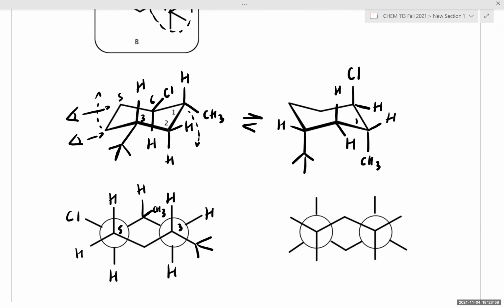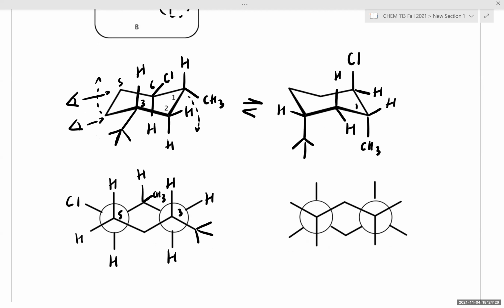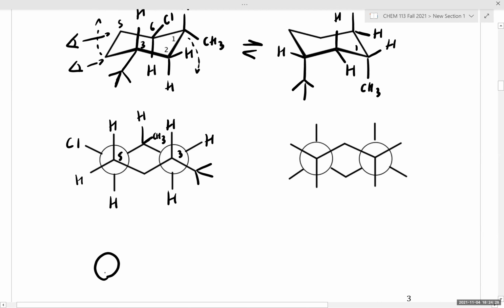Does it make sense to everyone how we converted this chair conformation into a Newman projection view? Any questions on that? Could you reassure how these carbons are lined up? If we're looking down carbon 2 and 3, shouldn't carbon 2 be the front one on the Newman projection? You could draw it that way, but in that case, the Newman projection would look something like this.